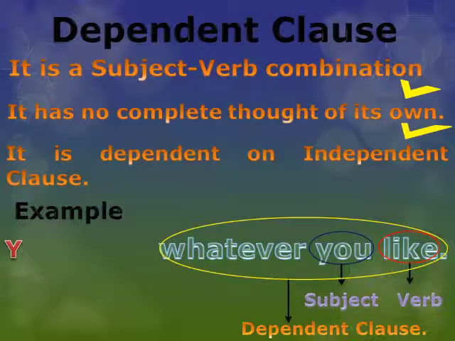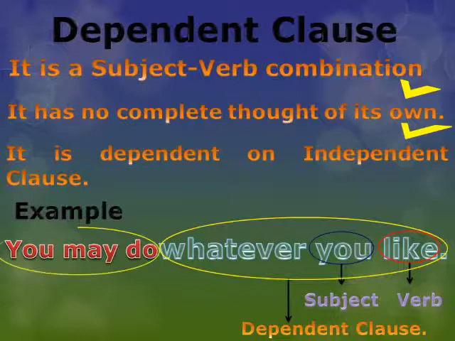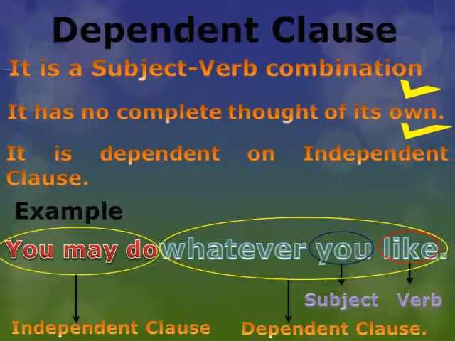Now if I add an independent clause to it, you may do. It is an independent clause, and if I add it to the dependent clause, it has now become you may do whatever you like. Then you may do is making the dependent clause complete.